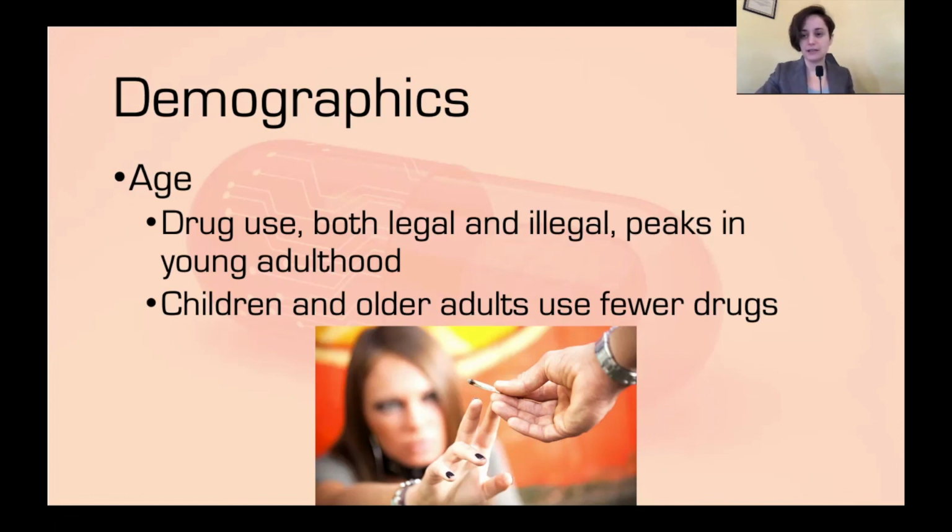Drug use, again, everything from nicotine, cannabis, cocaine, LSD, magic mushrooms or psilocybin, alcohol, all of these tend to peak in early adulthood. People in their late teens and early 20s are more likely to use legal and illegal drugs, and they're more likely to use drugs heavily when compared to younger children and older adults.